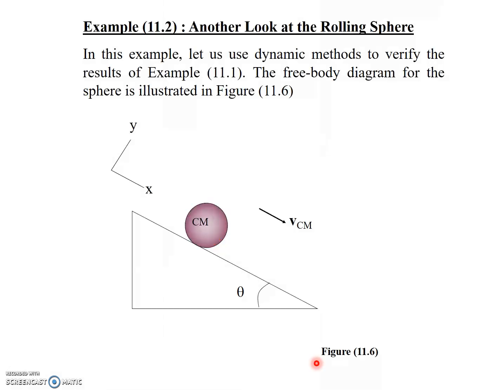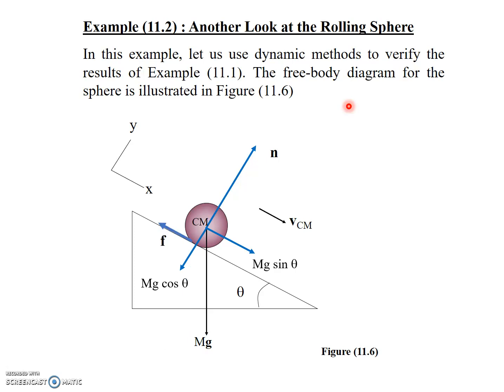Let's look at the same example, but this time we use a dynamic method rather than the energy consideration. We should get the same result as the previous example. What we do is draw a free body diagram. We have the normal force, the gravity force, with its x component and y component, and also the friction force.